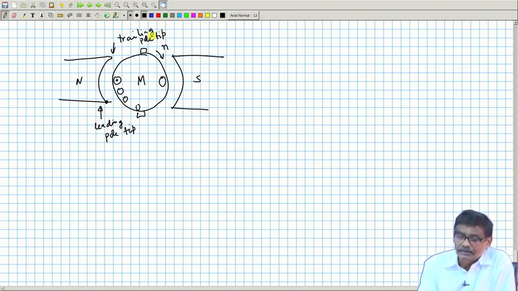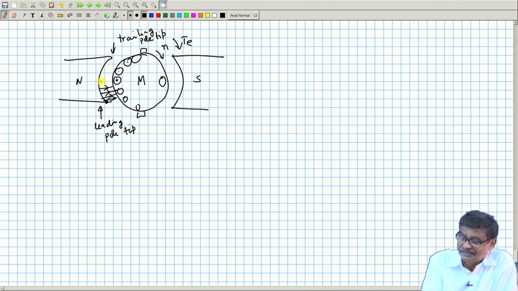Then I will say that look here, torque is in this direction, it has to be, that is why the currents are dots, and lines of force will be concentrated here in this upper part, and it will be rarefied there. Similar thing happens here. Which one is the leading pole tip?